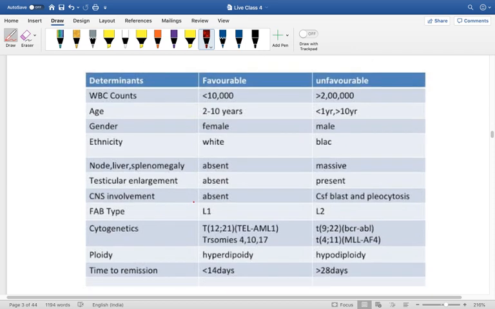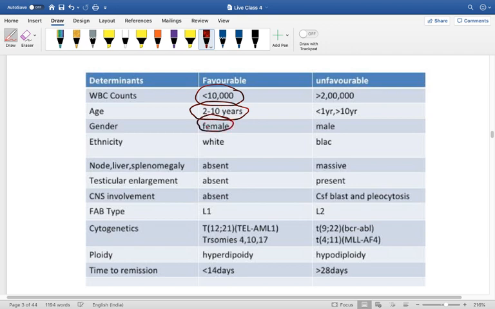Prognostic factors, doctor. If you take the last 15 years' question papers, the examiner regularly asks about the prognostic factors of ALL. WBC count less than 10,000, age 2 to 10 years, good prognosis.